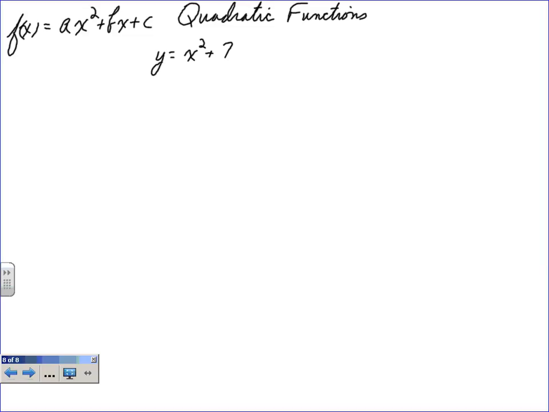If it's a negative, it goes down, and that's what C is all about. And you're going to find as we go through this chapter that the B, the middle term, determines side to side. Okay? So we won't be concerned too much with that right now. And that is a general form.